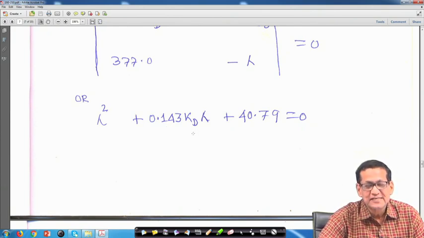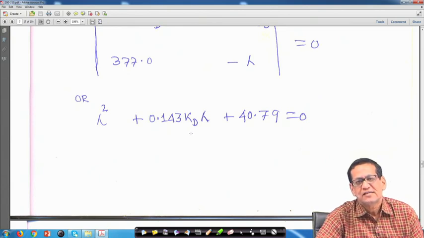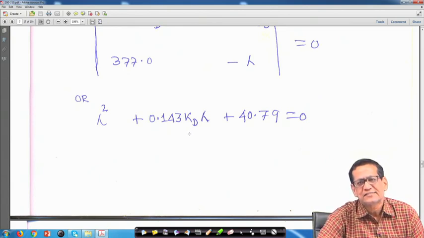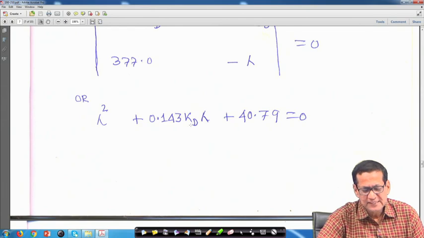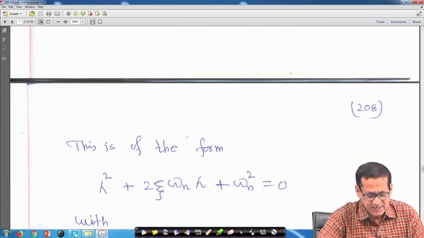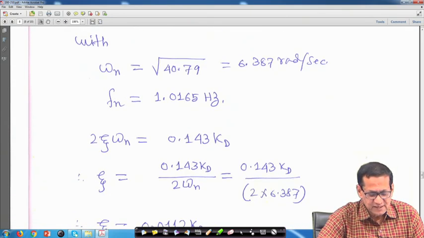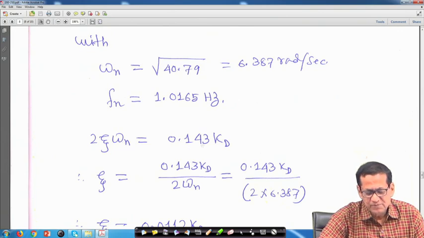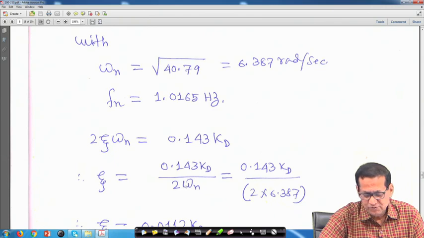First we have to see k d; 3 values are given: k d is equal to 0, k d is equal to minus 10 and k d is equal to plus 10. We will take first k d is equal to plus 10. So, 2 xi omega n is equal to 0.143 k d, or xi is equal to 0.143 k d upon 2 omega n.